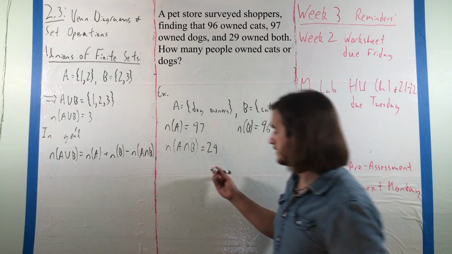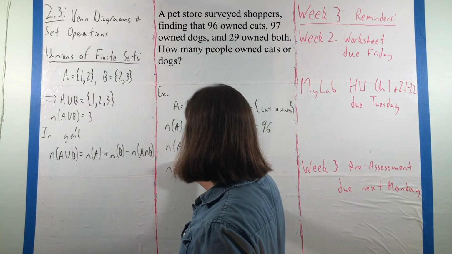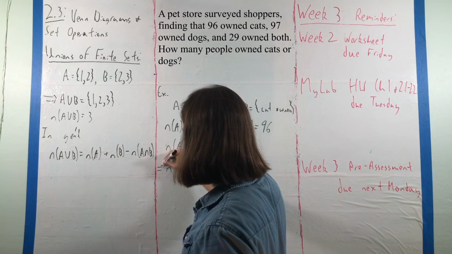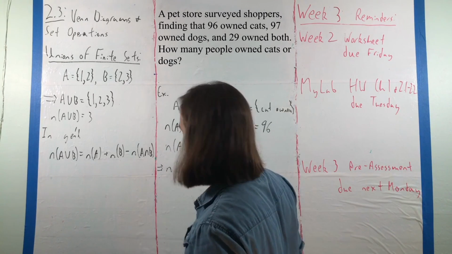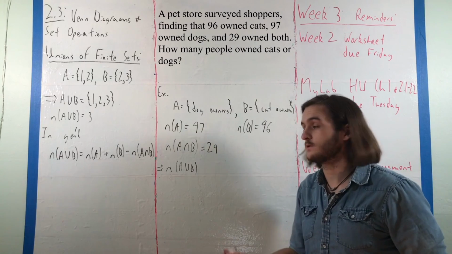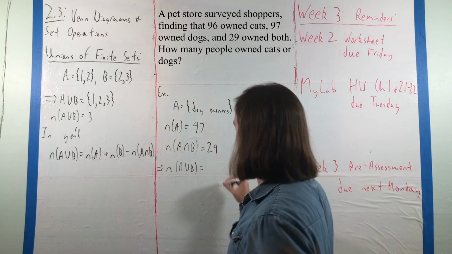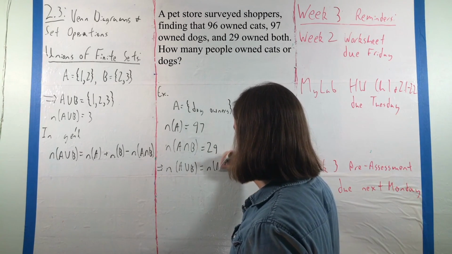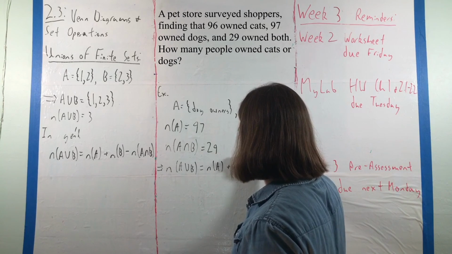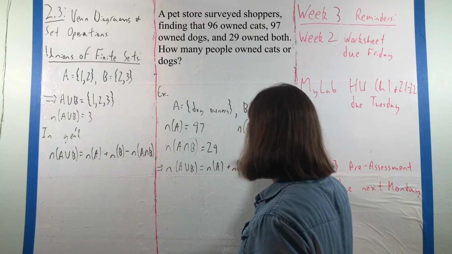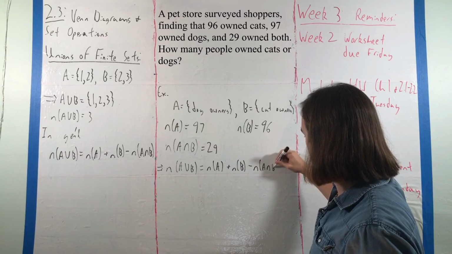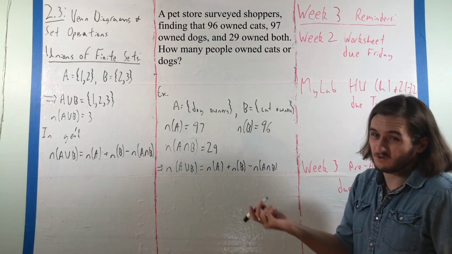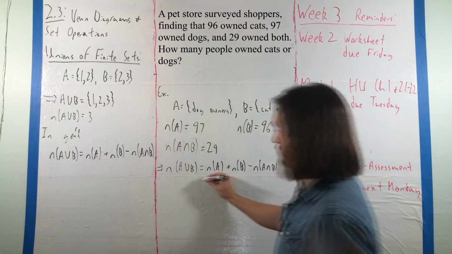That is to say, if we want the cardinality of the group of people who own cats or dogs, we need to look at the number of people who own dogs, plus the number of people who own cats, minus one count of the number of people that own both, because each of these first two groups already accounts for one.